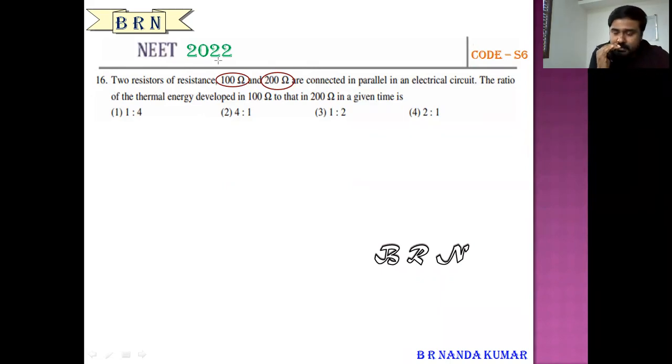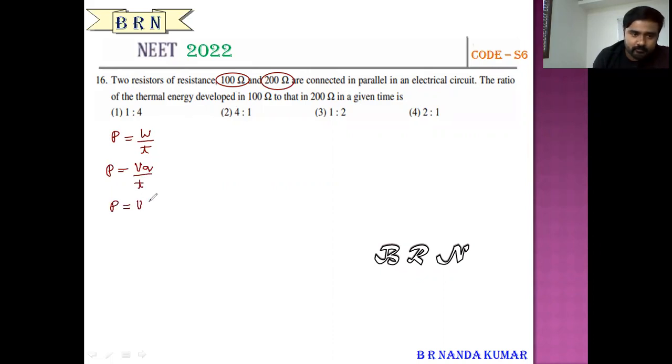If the resistors are connected in parallel, the current flowing through each resistor is different, the potential difference across each resistor is the same. Okay, so power is the rate of doing work, W by t. So work done by the charge particle is V cube, so V cube by t, power is VI. So W is equal to P into t.